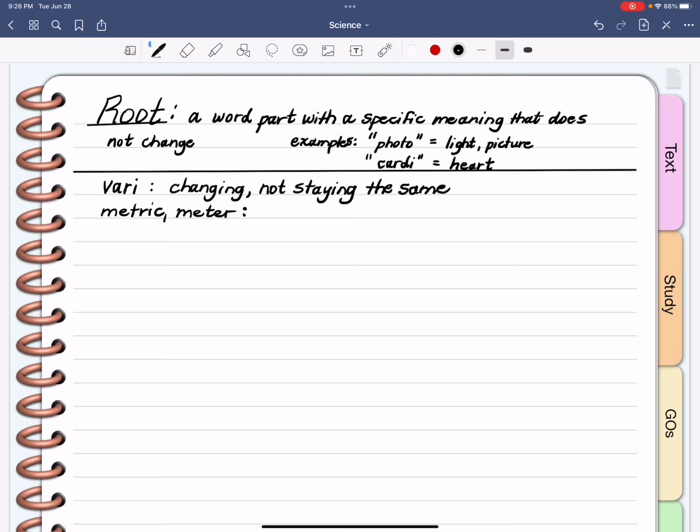These roots mean to measure or measurement. There's ment that we just used. On the word measure, I'm going to add ment to get measurements. If you see metric or meter, think measurement.